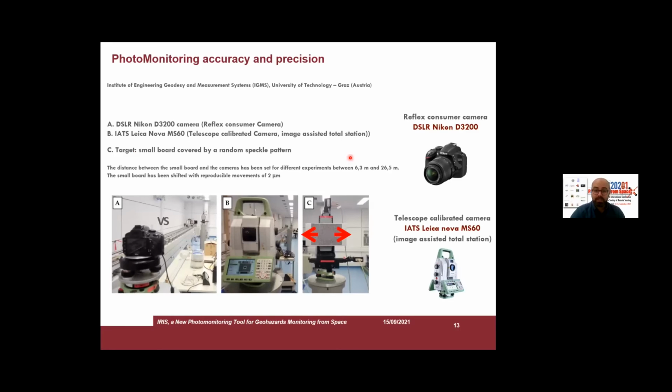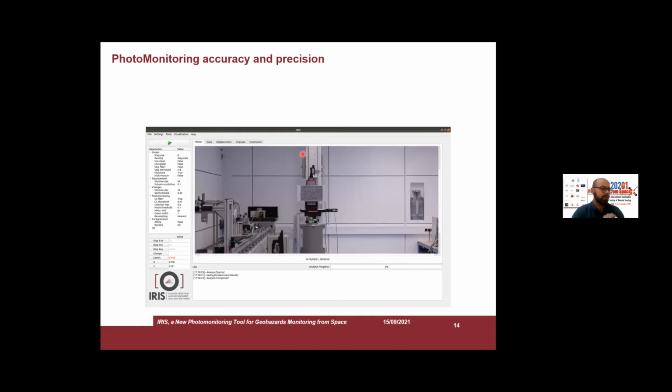To ensure the reliability of the measurements, we performed tests in the laboratory by comparing data acquired by a reflex consumer camera and a total station by Leica. By using a very small target with a random speckle pattern, we were able to detect some movement.